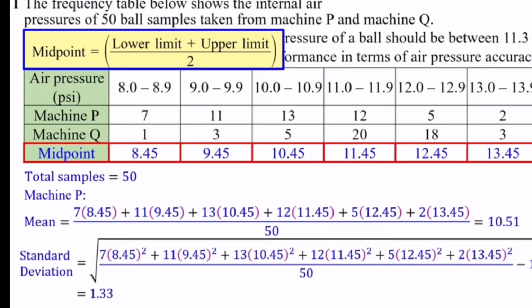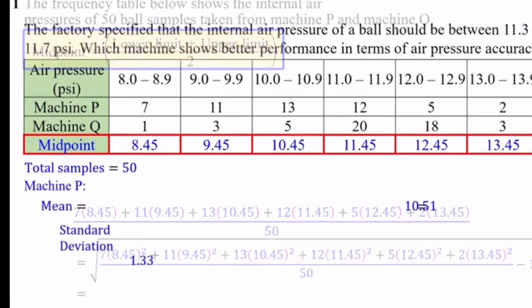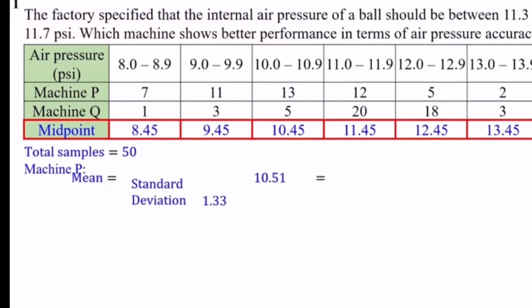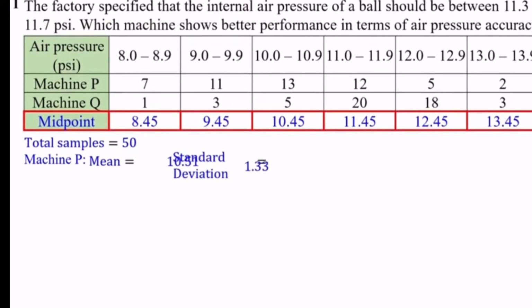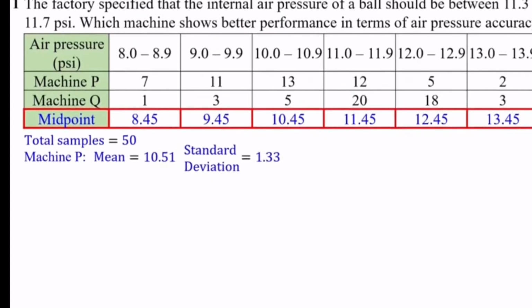Now we are going to do the same to machine Q. We are going to find the mean and standard deviation. Before that, let's write down the mean for machine P is 10.51, and the standard deviation for machine P is 1.33.